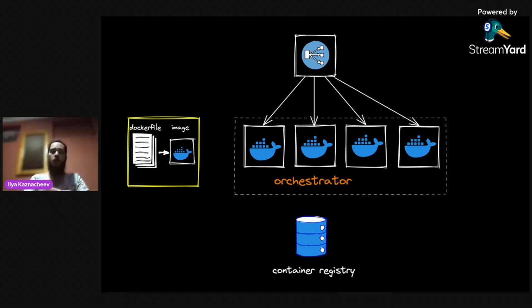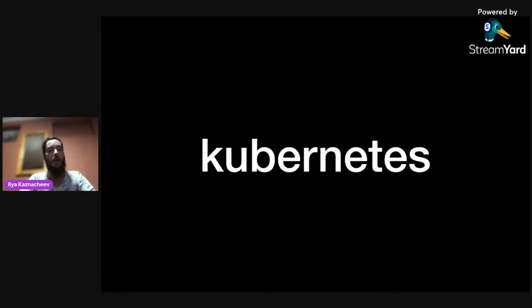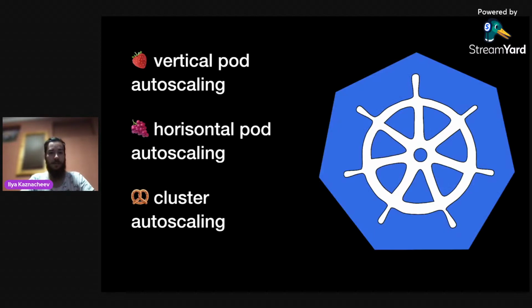So now the load from the client, mobile client or web client or something else, will be redistributed between these 4 containers instead of 3. And when talking about containers, we cannot talk about Kubernetes. So let me dive a little bit deeper into the Kubernetes world.